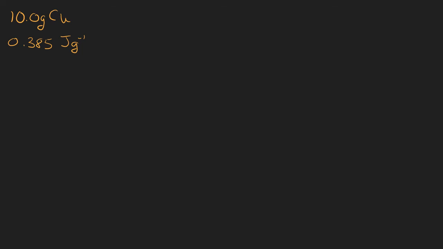Oh, sorry. Per degree Celsius. The temperature change we notice during this reaction is we start at 85 degrees Celsius and we're going to go to 25 degrees Celsius. What is the heat change in this reaction? So what is Q?